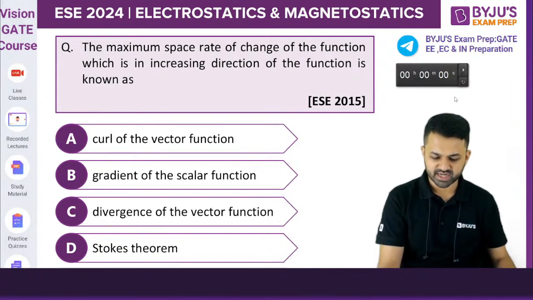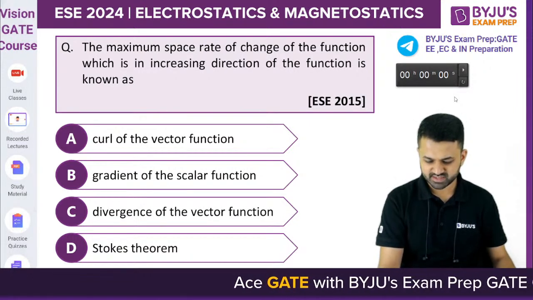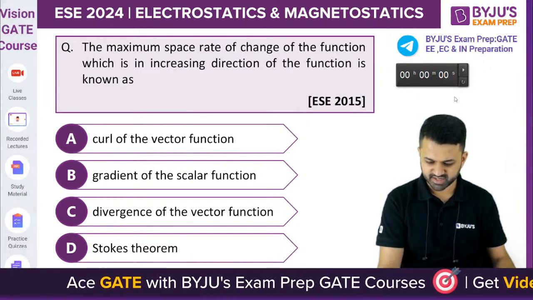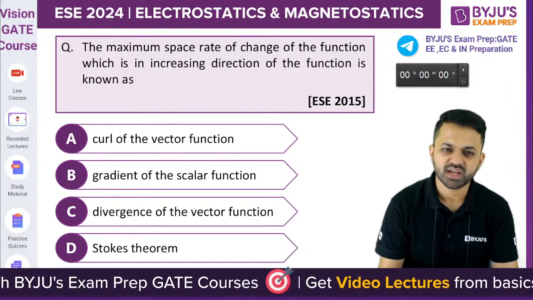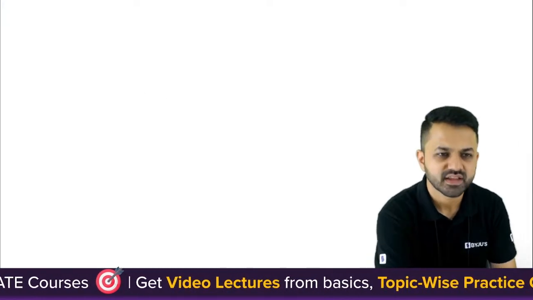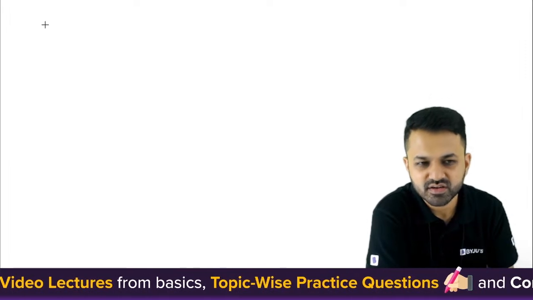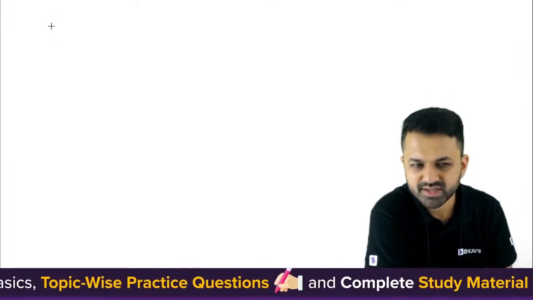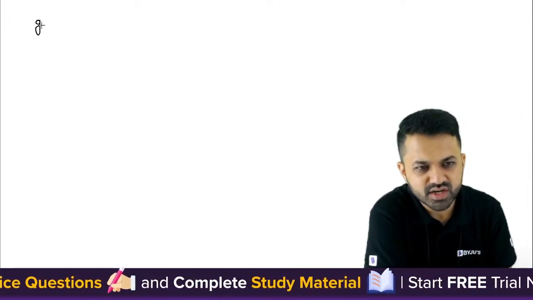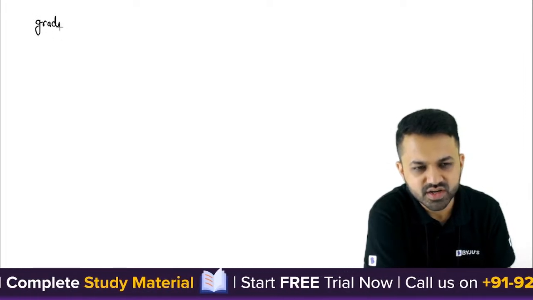Yes, so you have 2 seconds left, and now it's completely over. The time is over now. Which answer is correct? First of all, let's try to understand what the curl, the divergence and the Stokes theorem are.